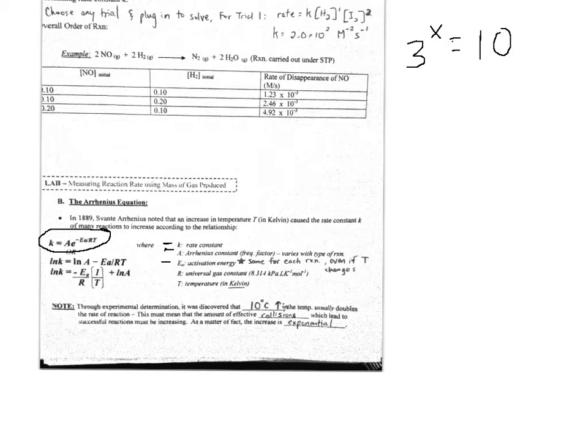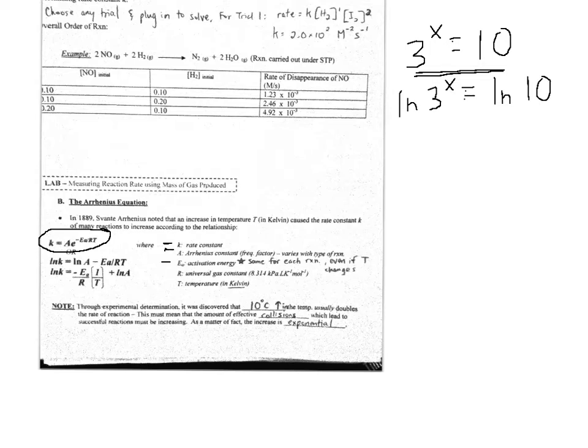So just as an example, up here, 3 to the power of x equals 10. That's actually a pretty difficult thing to do in your head. It's going to be some crazy decimal to solve for x. However, if we take the log, or the natural log of both sides, here's what we would get.